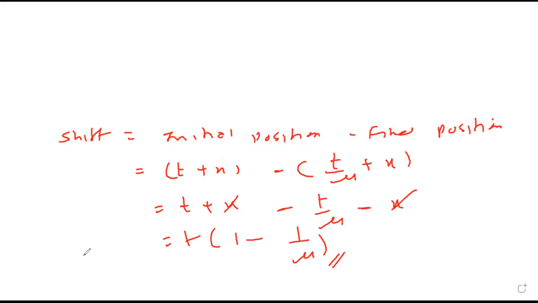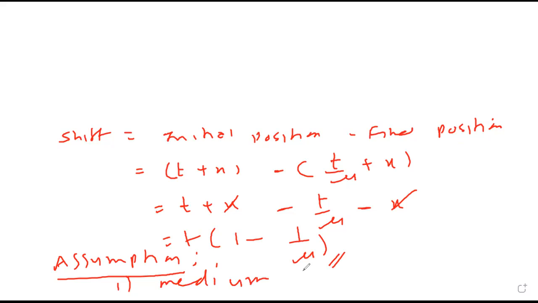Now here there is an assumption that on both sides of the glass we had air. So there are some assumptions for this. First, the medium on both sides of the slab is air.